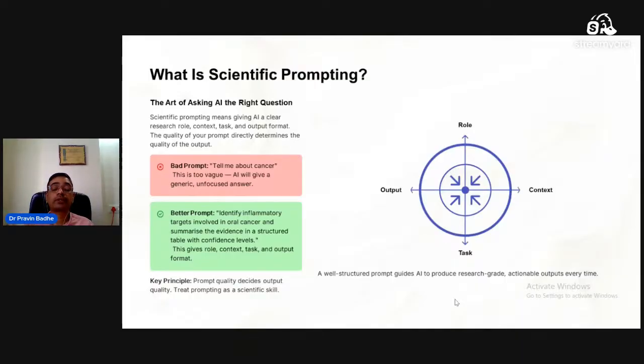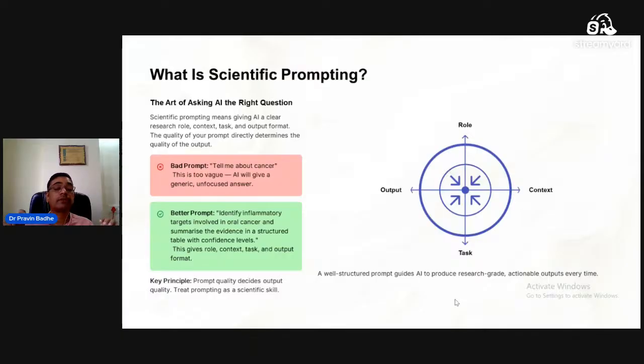That is to give a well-structured prompt to the large language model in the format where you first define the role of the question which you want to ask, then give the context. Based on the context, you will give the task, and then you will give the output. Let's say, for example, here I gave an example for a better prompt: identify the inflammatory targets.